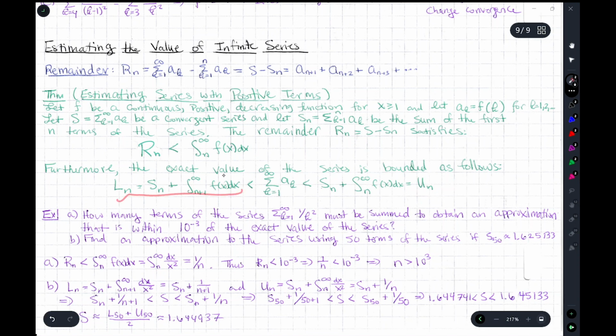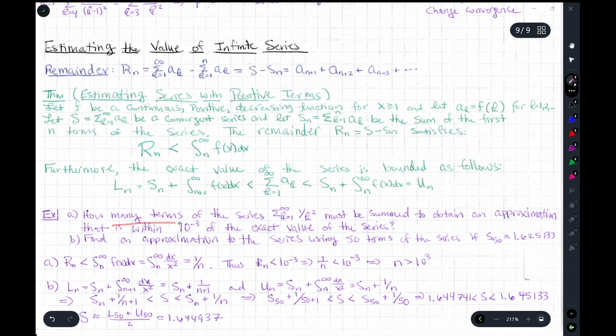We actually get a lower bound, Sn plus the integral from n plus 1 to infinity, which is strictly less than the actual sum of the infinite series, and that is less than this upper bound on the sum of the infinite series. Okay, so we have an upper bound and we have a lower bound. The difference here is that you're starting from n for one, and n plus 1 for the other. And again, it's important for the function to be continuous, positive, and decreasing.